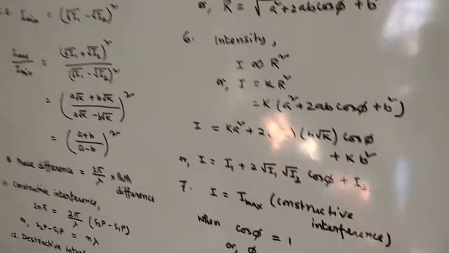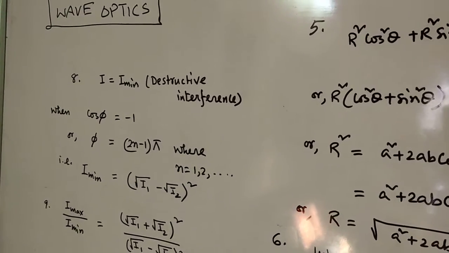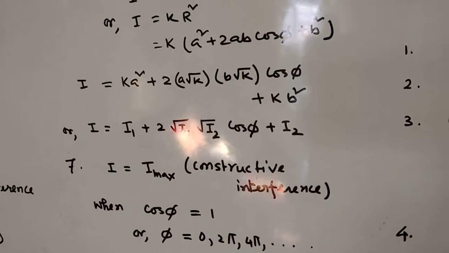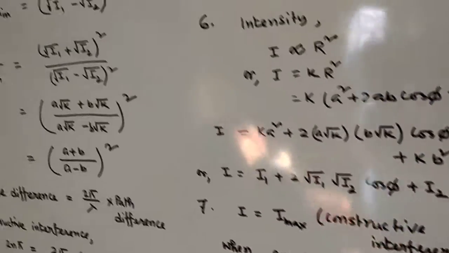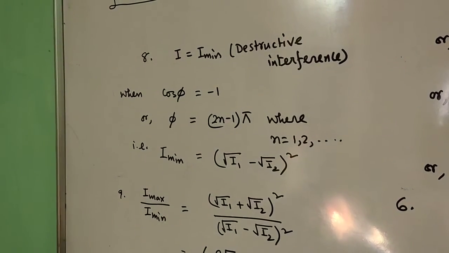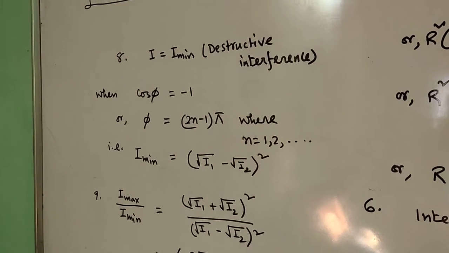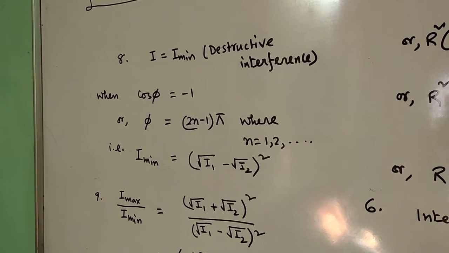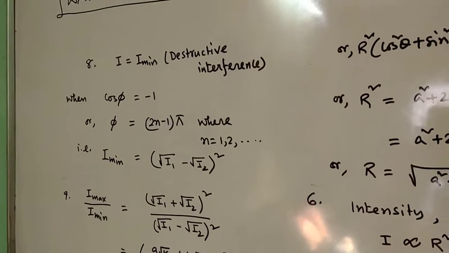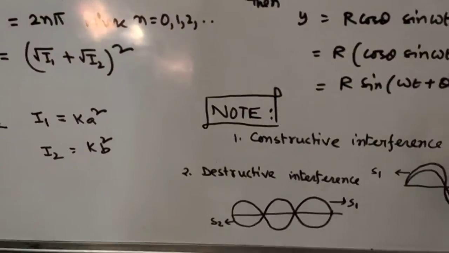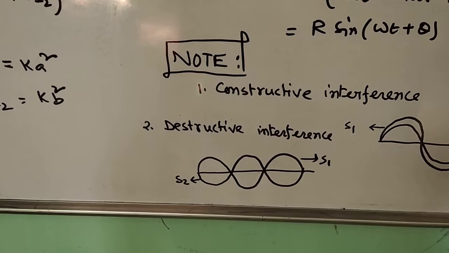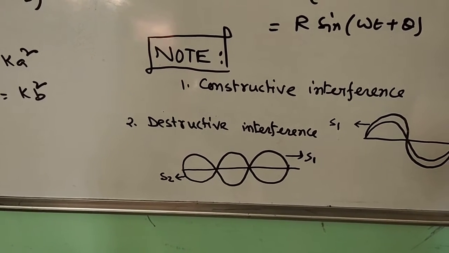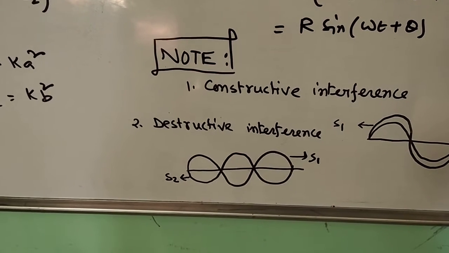Now the other case is destructive interference, that is I equal to I minimum, when cos phi equal to -1. So cos phi equal to -1 means phi is (2n minus 1) pi, n equal to 1, 2 like that. If you consider n equal to 1, then phi equal to pi. So under destructive interference, a phase difference of pi occurs, as shown in the diagram for the waves that come from two different sources S1 and S2.